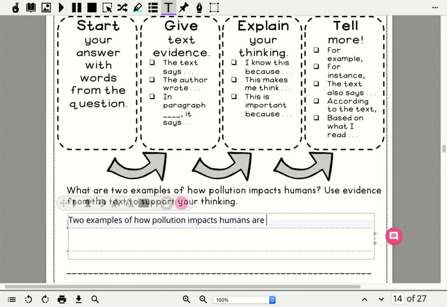So there's a couple different sentences I can use. When harmful materials such as smoke and chemicals are released in the air, it can make it hard for people to breathe. So, are making it hard for people to breathe, and now I need to find another one.